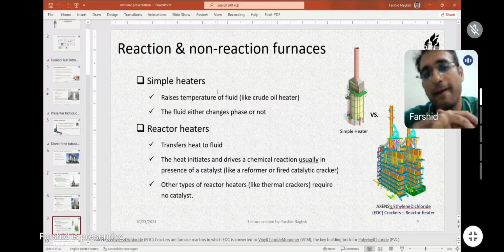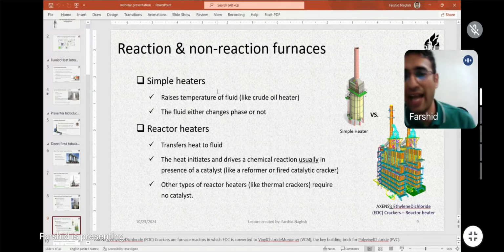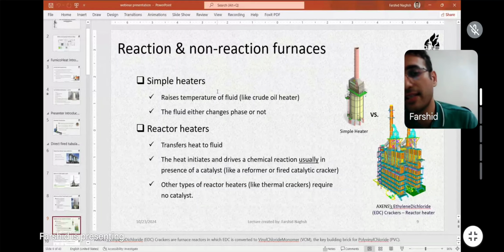In conjunction with these simple heaters, there are reactor heaters. Like their counterparts, they transfer heat to the fluid. The heat initiates and drives a chemical reaction. So a chemical reaction happens in a reactor heater, as the name implies. Usually in presence of a catalyst.